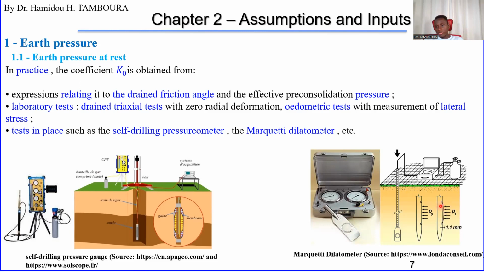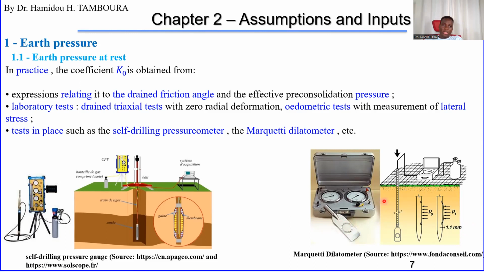And the pressure obtained here is P0, meaning no displacement. And if you want to measure the displacement, by sending the gas in the membrane, the pressure corresponding to a displacement of 1.1 millimeter is recorded.